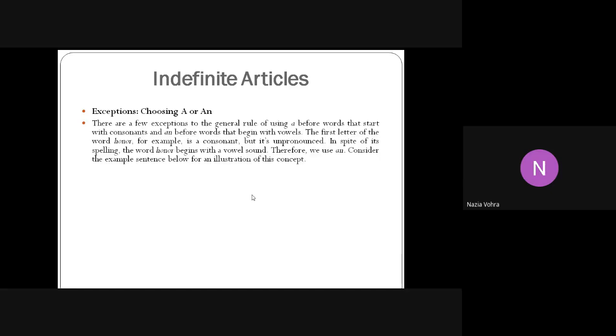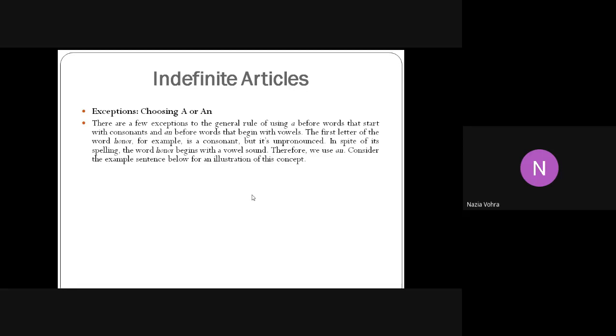Now there are some exceptions for choosing the articles a or an. So there are a few exceptions to the general rule of using a before words that start with a consonant and an before words that begin with vowels. So a is used with consonants and an is used before vowels.